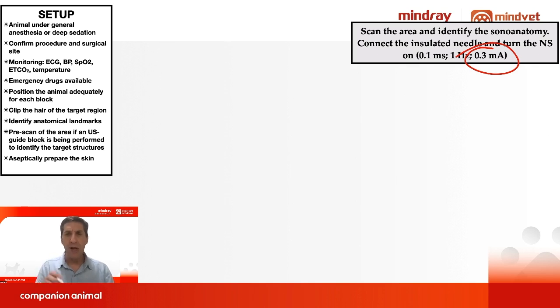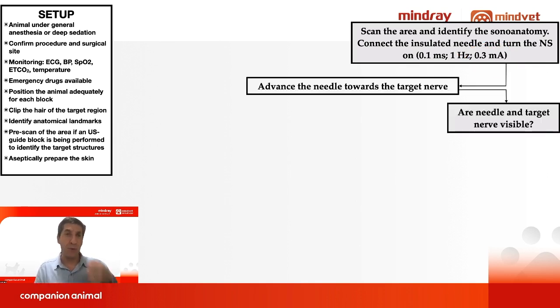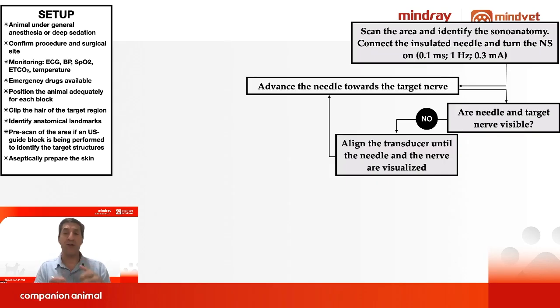Okay. We advance toward the nerve, we are watching the nerve, and the question is, are you able to see the needle and the target? If you cannot see them all together, you need to align the transducer until the needle and the nerve are visualized. Remember, if you don't see the tip of the needle, you cannot move your needle because it can be dangerous.